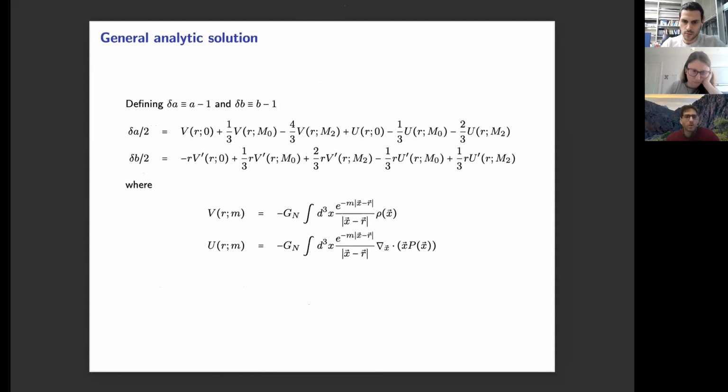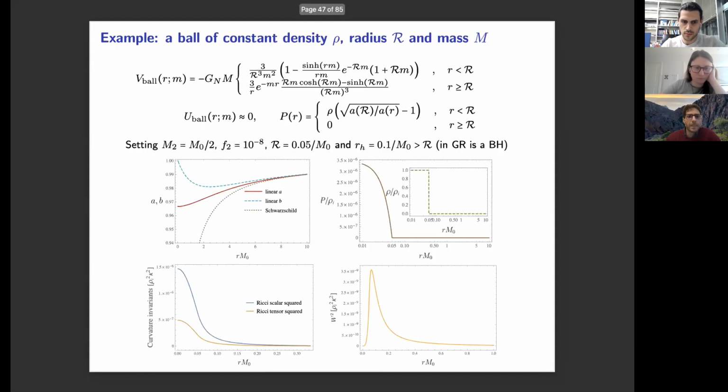Okay, here I show you the general technique to proceed. Maybe I can skip this. It's a quite technical slide. And here I give you the example of a ball of constant density rho, radius R, and a mass M. So we can compute the A and B through the formula that I showed you before. And these plots show several properties of this solution.